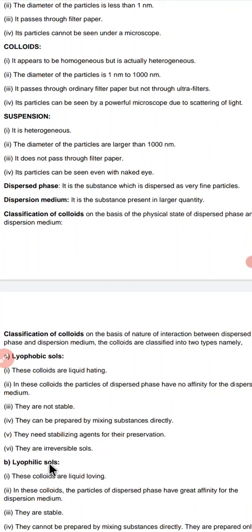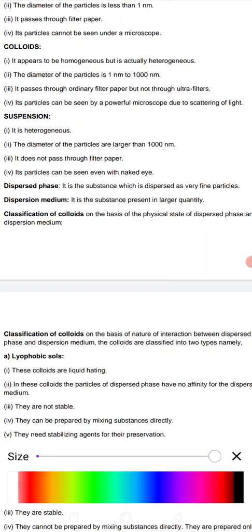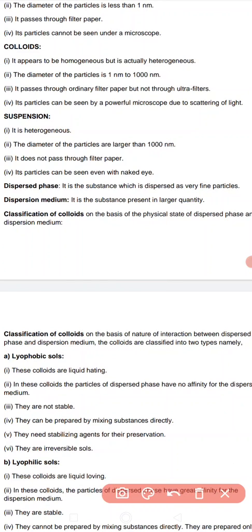This depends on the nature of the interaction between the dispersed phase and the dispersion medium. So just remember, if I have a lyophilic colloid, that means what? These colloids are liquid hating.